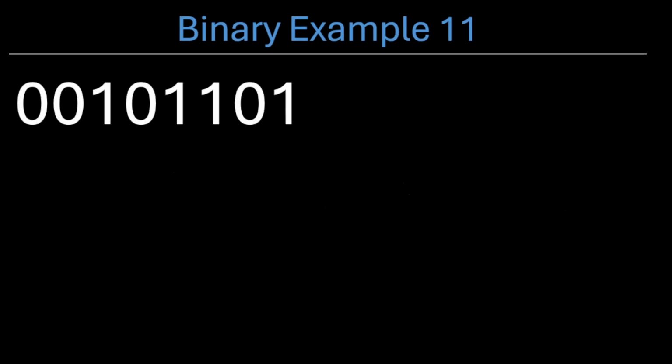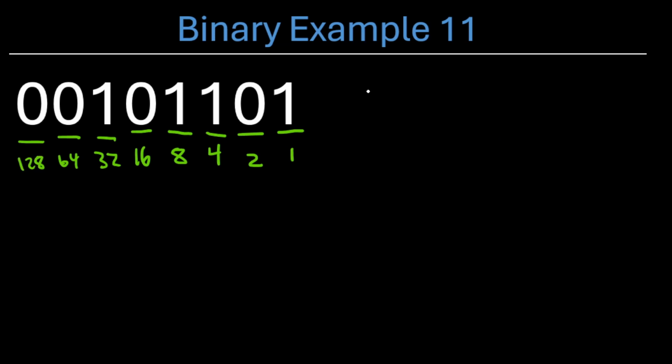Okay, last example here, the one from the beginning. Again, I'm just going to label each bit's value here to make our lives a lot easier. So I've got 1, 2, 4, 8, 16, 32, 64, and 128.